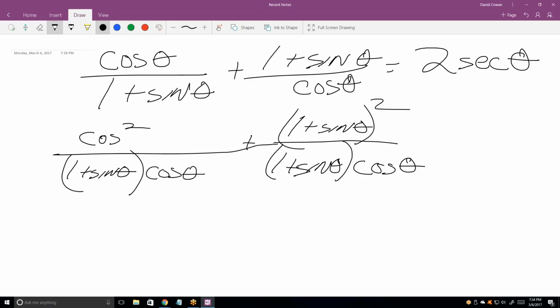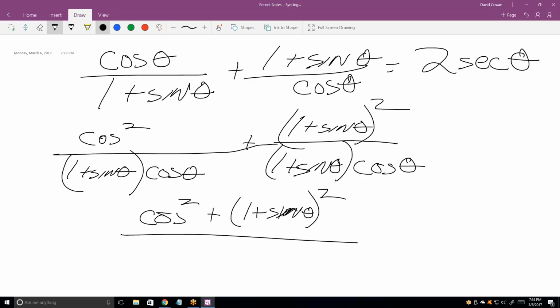Now let's distribute. Well, now let's do this. So the top becomes cosine squared plus 1 plus sine theta quantity squared, all over 1 plus sine theta. Yeah, now I can see where I made my algebra mistake. I can't cancel anything.